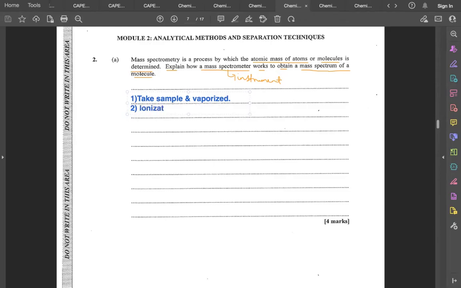So the second step is the ionization of the sample.